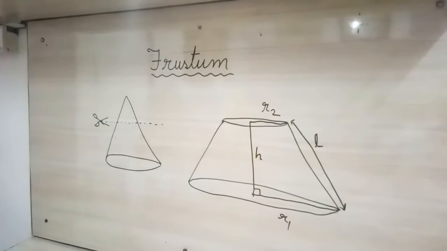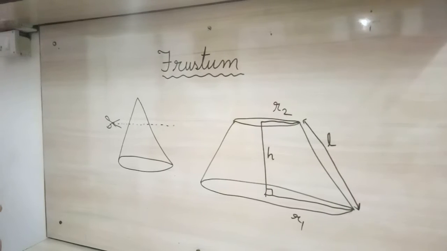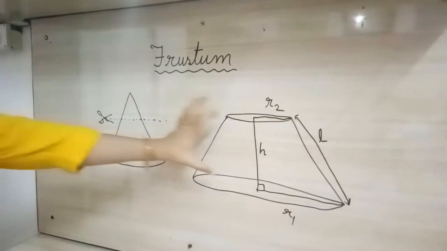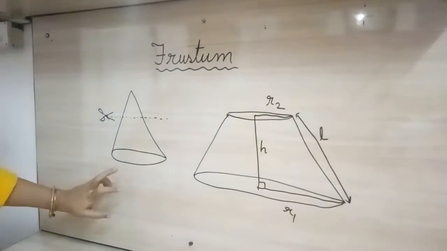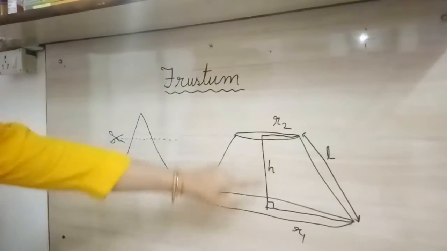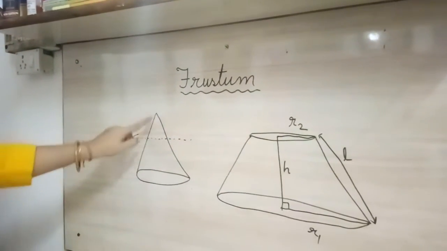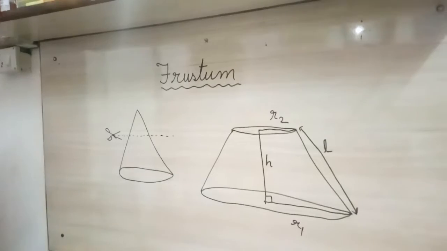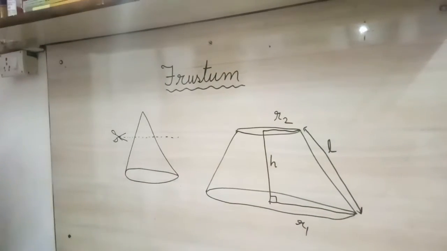Okay. Now formulas will change because here height is from here to here. Your height is reduced. Cone is having only one radius. It is having two radius, radius of the base and radius of the top. Even the formula of slant height, in both the cases, basic concept will remain same, but the formulas will change.